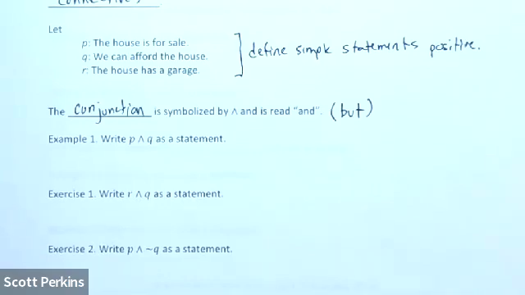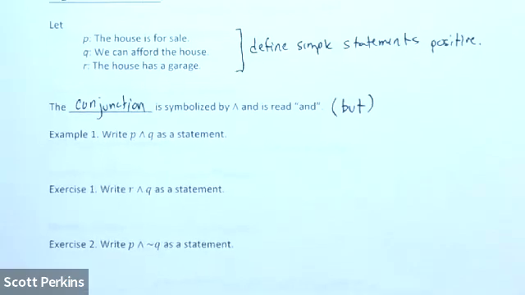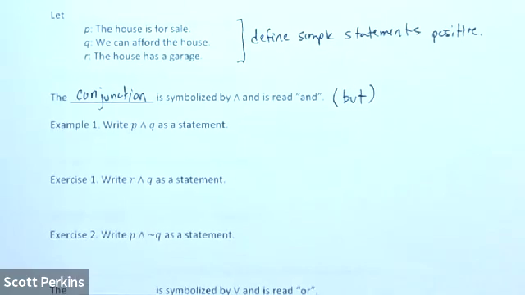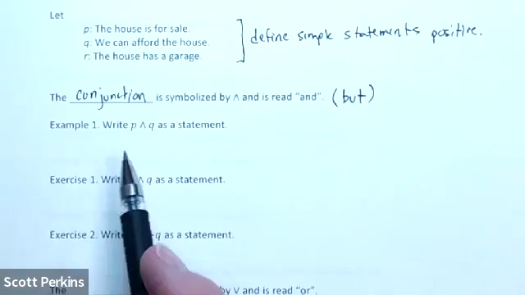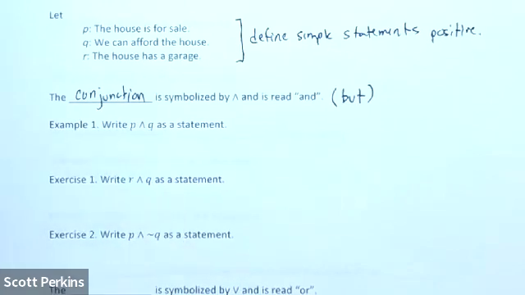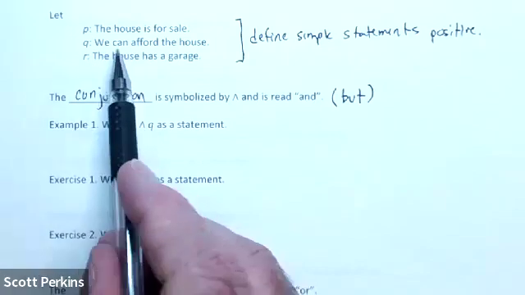Okay, so what I'm going to do, my first example, and then you're going to have two follow-up exercises. Again, I'm hoping that these aren't earth-shattering things, but if you got any questions, be sure to raise your hand, get them out in the open. Let's talk about them. I'm going to write P caret Q as a statement. P caret Q. Okay, let's do it. So the statement P is the house is for sale.